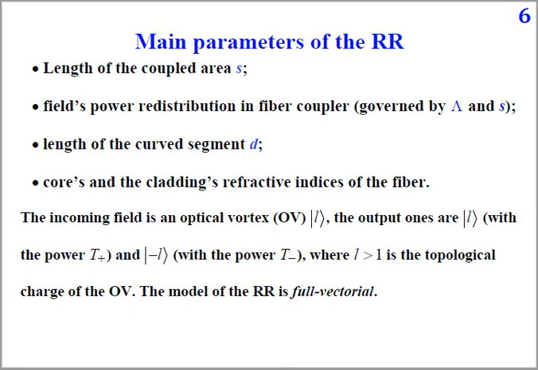We suppose that the incoming field is an optical vortex L, and the output ones are L and minus L with power T plus and minus, where L more than 1 is the topological charge of the optical vortex. It should be noted that the model of the ring resonator we built is full vector.